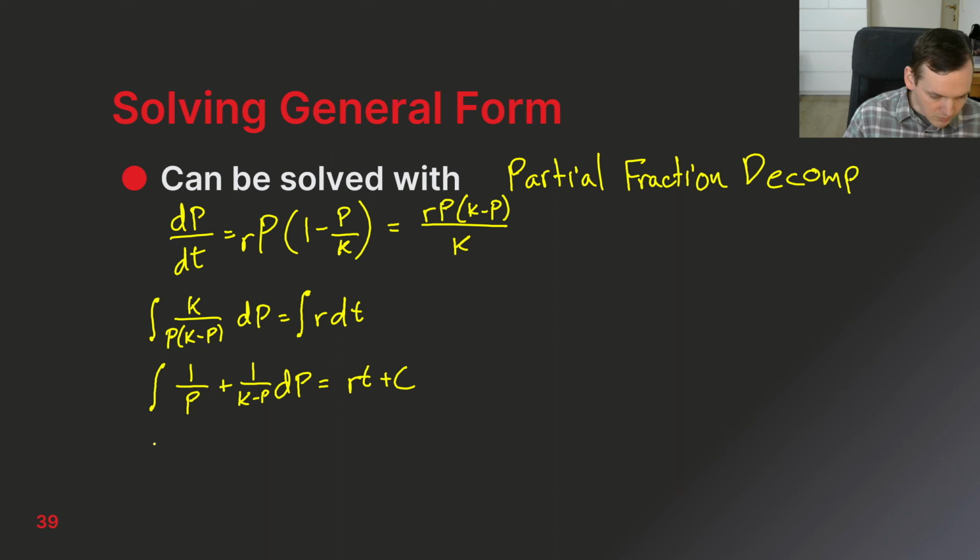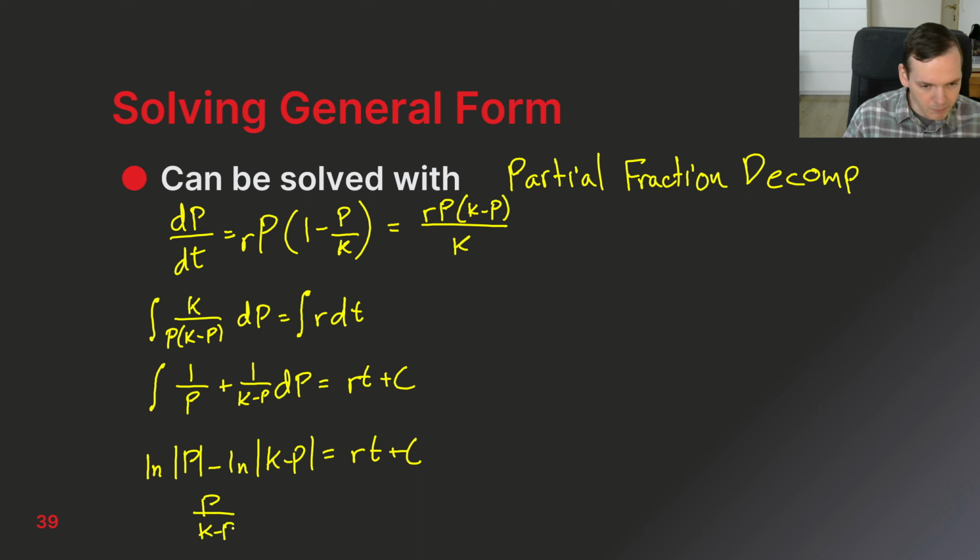This ends up giving us ln P minus ln (K minus P) is equal to RT plus C. That gives us P over (K minus P). Those would normally be in the natural log, but I'm also going to raise both sides to e at this point.